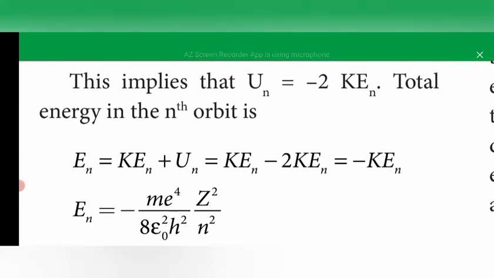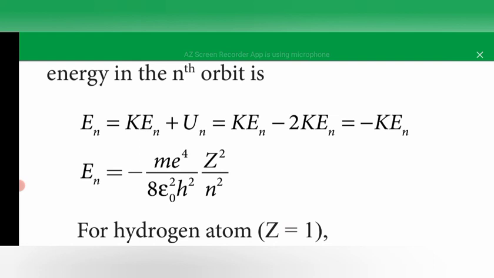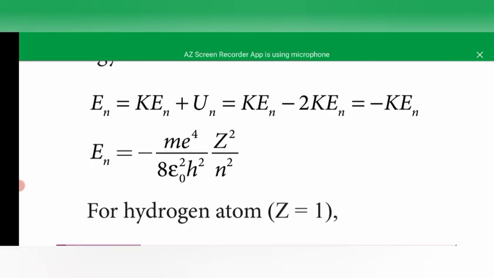So the total energy En is equal to kinetic energy plus potential energy. Potential energy is equal to minus 2 times the kinetic energy. So minus 2 KE plus KE, that is equal to minus KE. So finally En is equal to the minus of the kinetic energy value. So this is the energy of an electron.